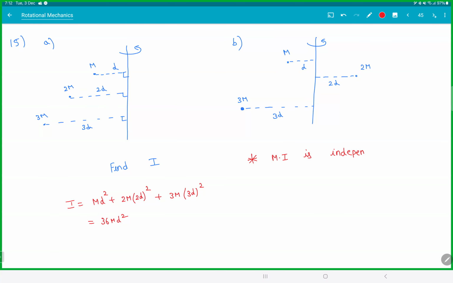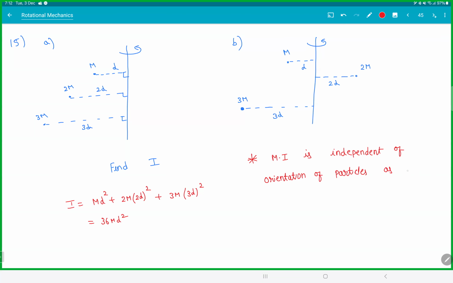So moment of inertia is independent of the orientation of the particles, and depends only on the perpendicular distance.